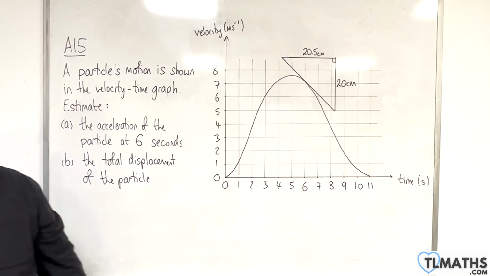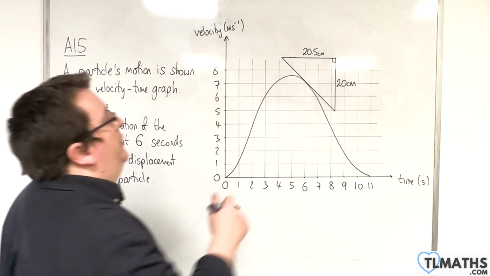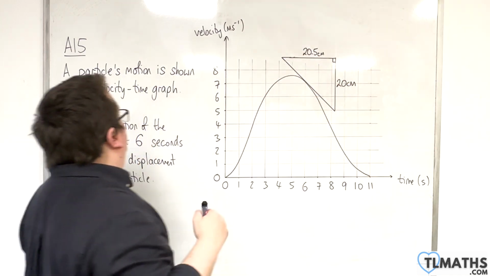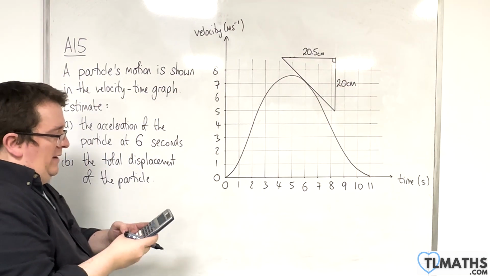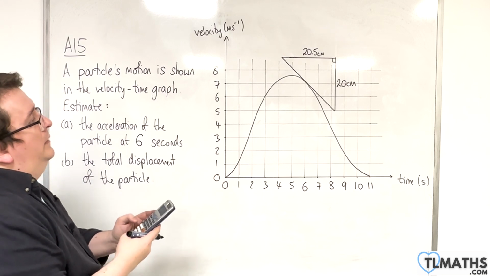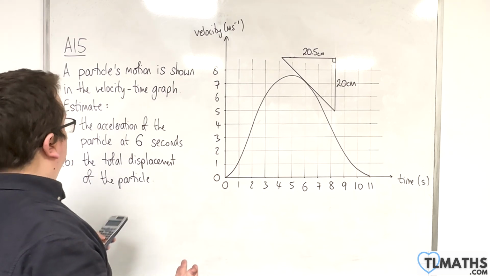Okay, so the gradient is the difference in the vertical divided by the difference in the horizontal. So that would be 20 divided by 20.5, so that's 40 over 41.